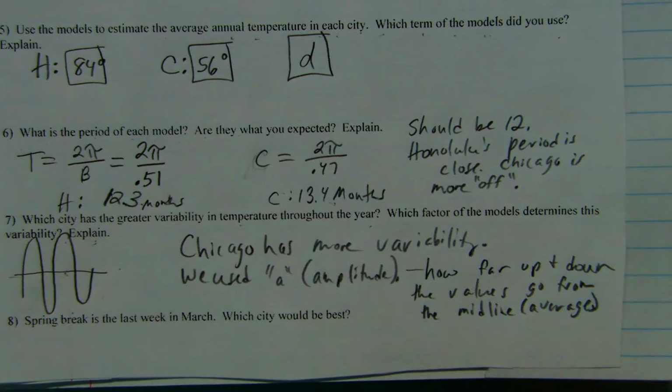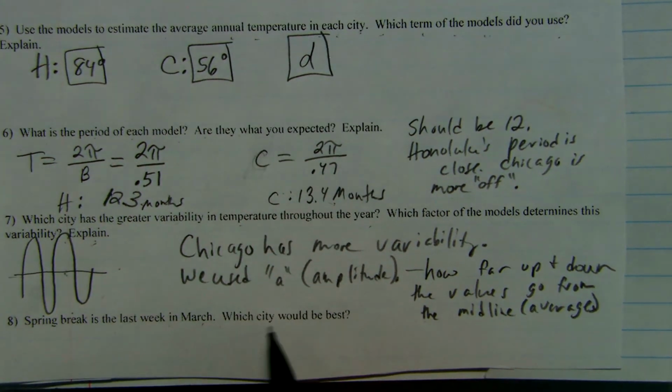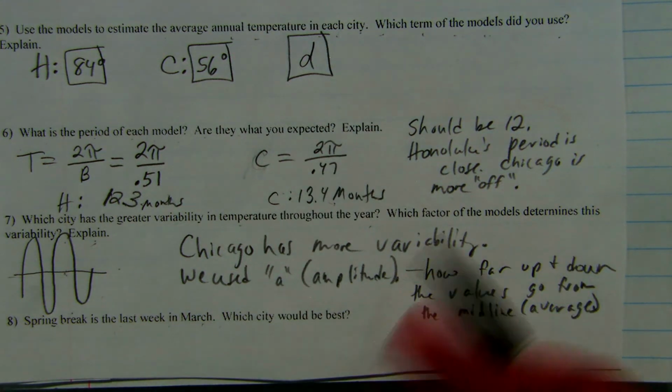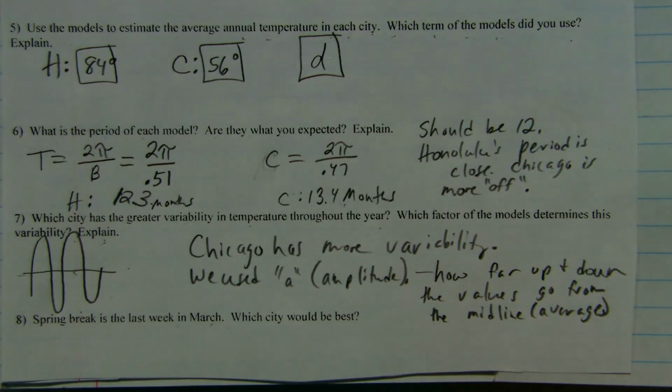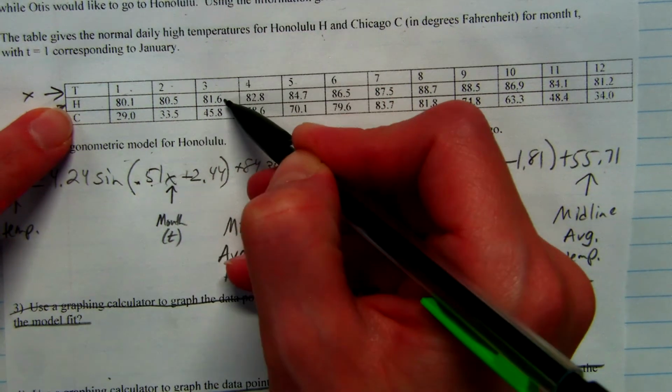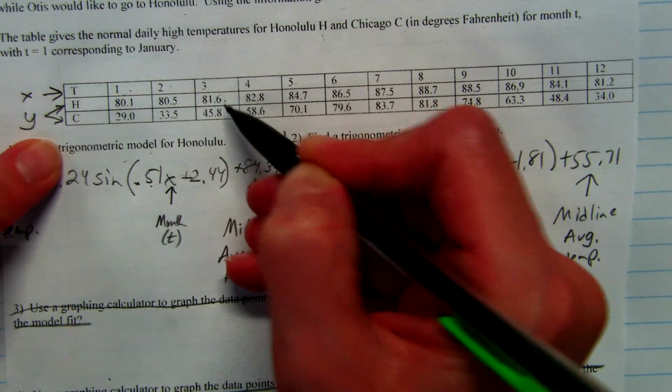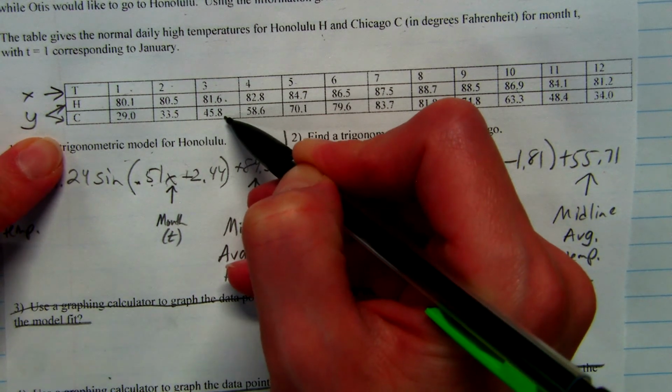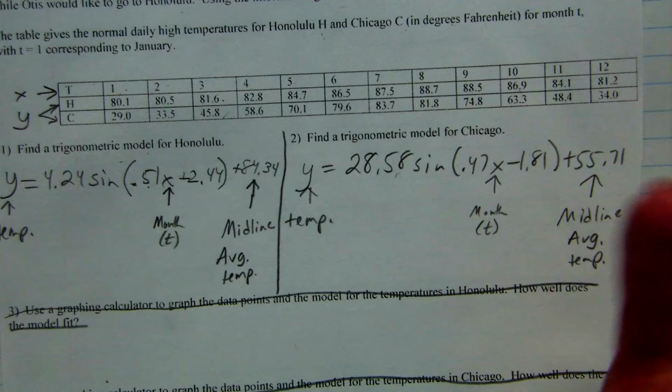All right, spring break is the last week in March. Which city would be best? I didn't write this. I'm assuming they like warm weather, but that may be a bad assumption. So if we look at March and what the average temperature is in March for these two, you could just look back at the data. It's definitely going to be warmer in Honolulu in March than it is in Chicago, but it just depends on whether you like it to be hot or not.